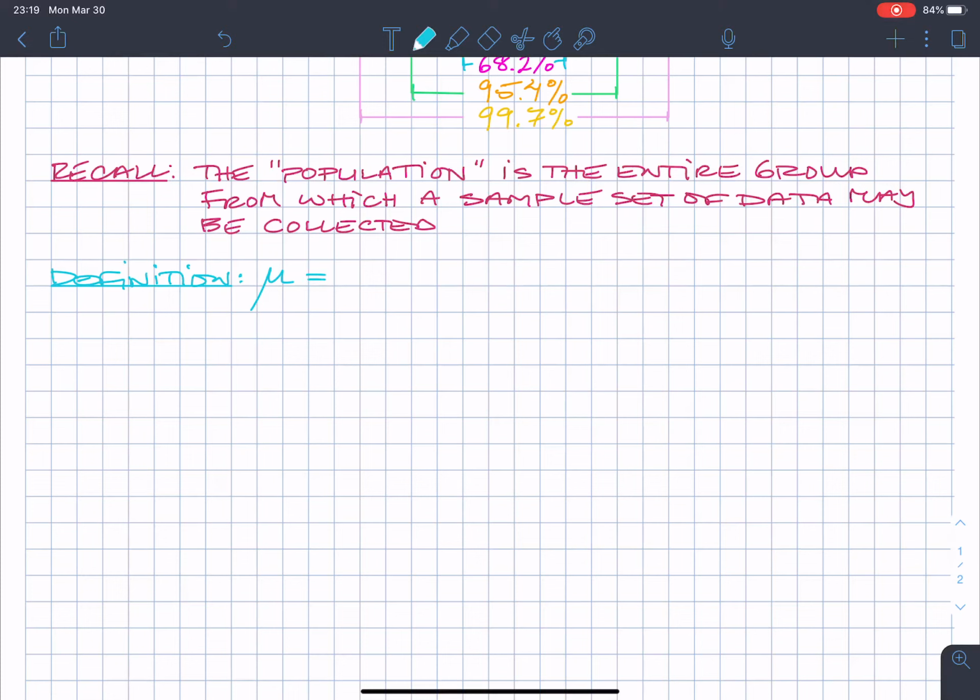So mu is the population mean. x bar is the sample mean, or average.